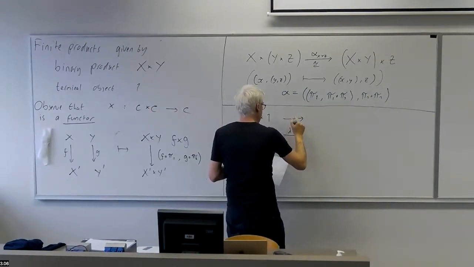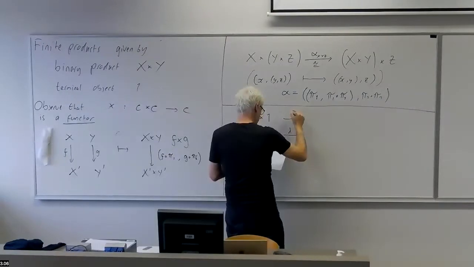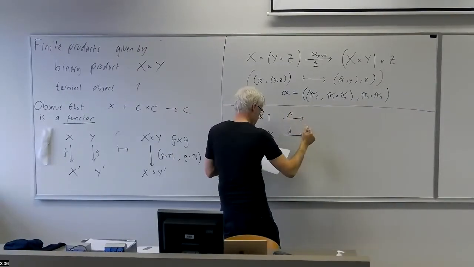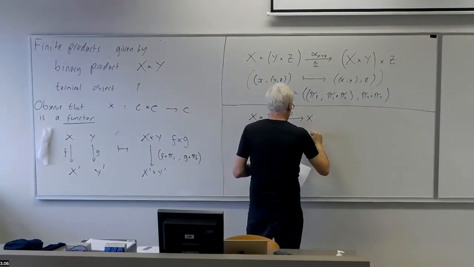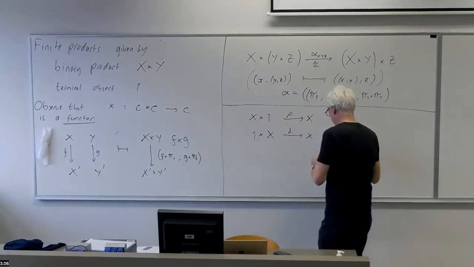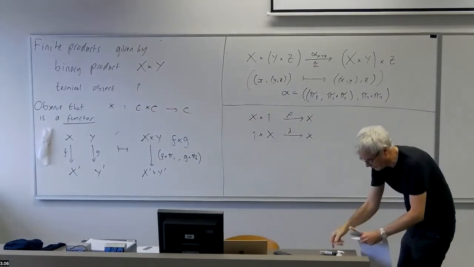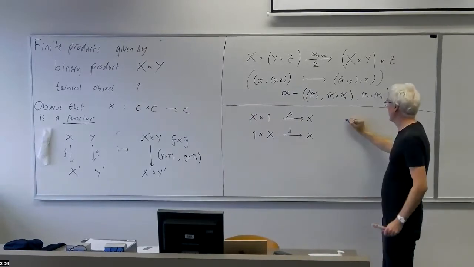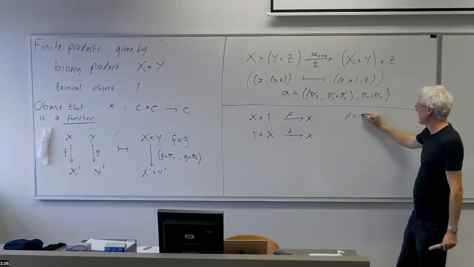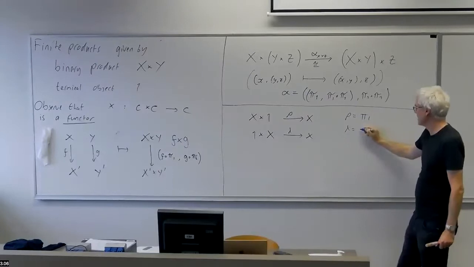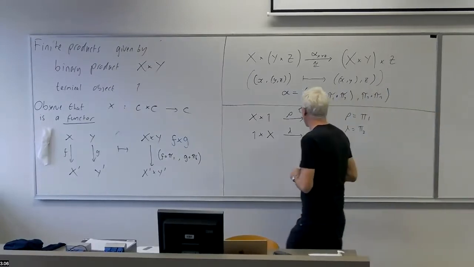So this one's lambda and this one's rho. Here rho is the first projection, and lambda is the second projection.